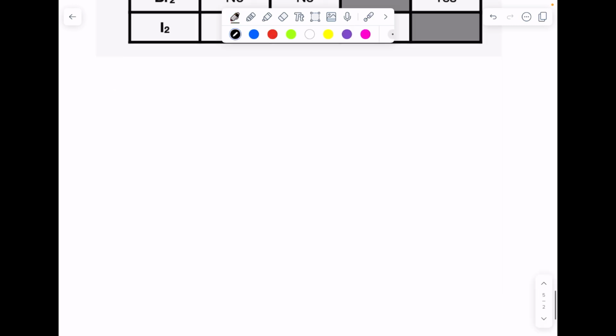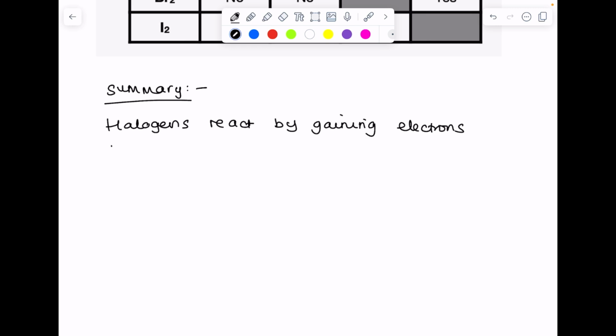So to really summarize what I was just saying and make it very centric to A-level and IB, we're going to say halogens react by gaining electrons. So by definition, the halogen is reduced, such as in the case here.